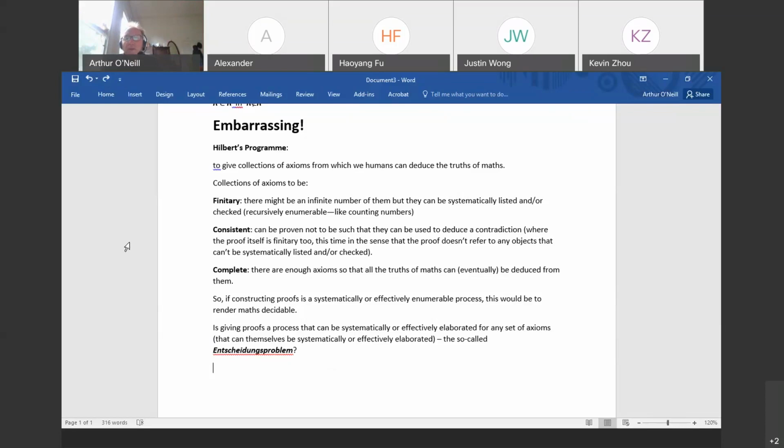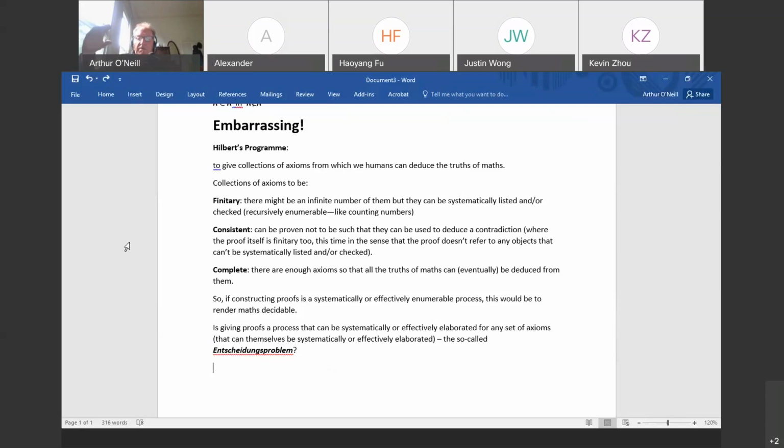So the thought there is that what humans can do with pencil and paper by just systematically producing proofs might be spoken of as being systematically or effectively enumerable. So suppose you had a particular statement in mathematics.